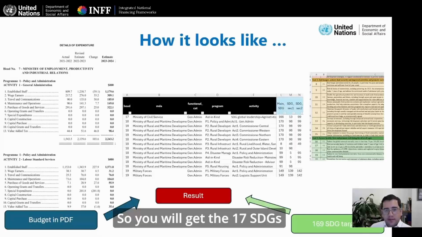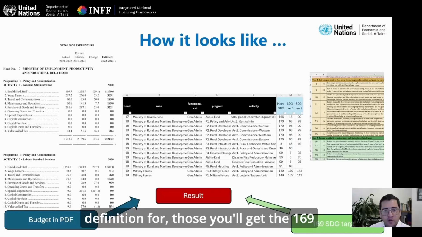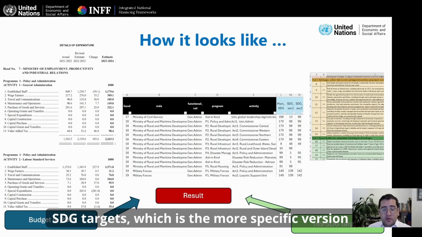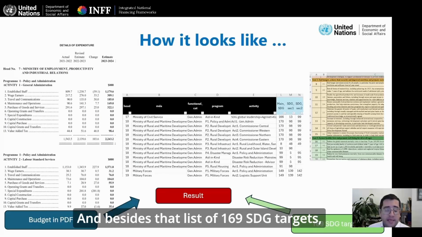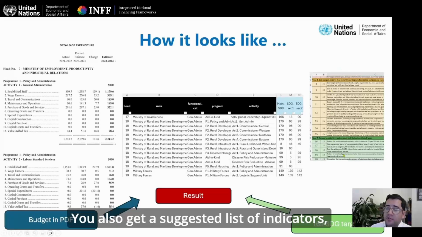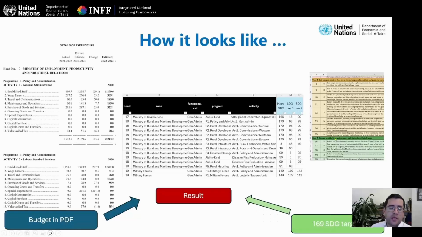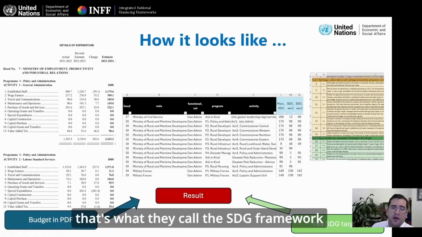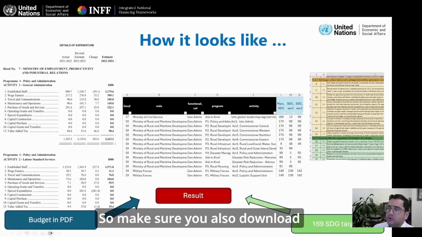So you will get the 17 SDGs, with a definition for those. You'll get the 169 targets, which is the more specific version of the 17 SDG goals. Besides that list of 169 SDG targets, which is the one I'm showing you on the side, you also get a suggested list of indicators. That's what they call the SDG framework. So make sure you also download the latest version.